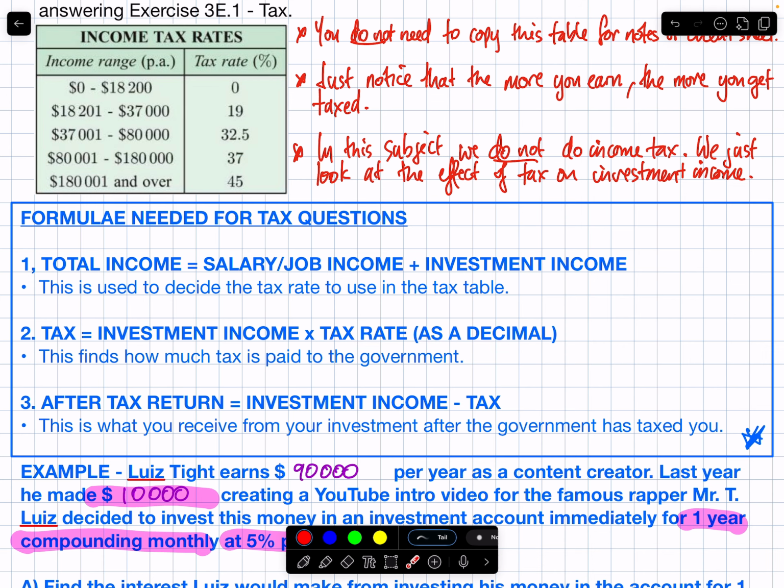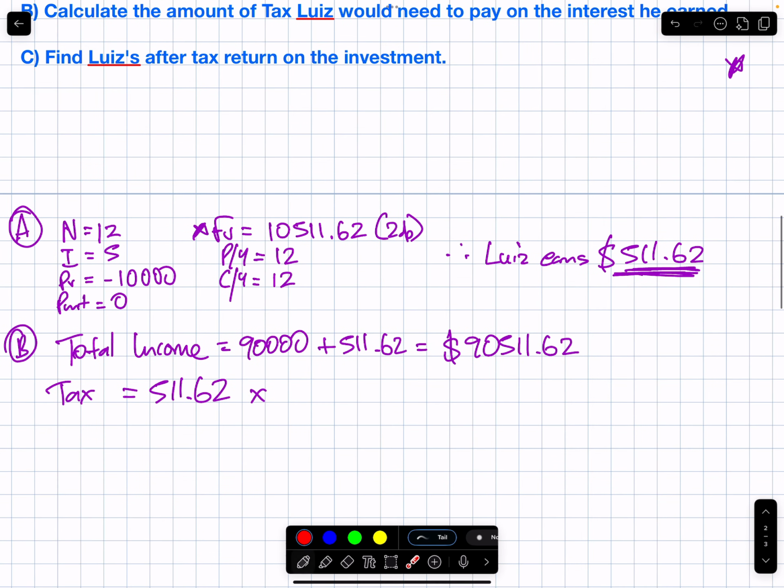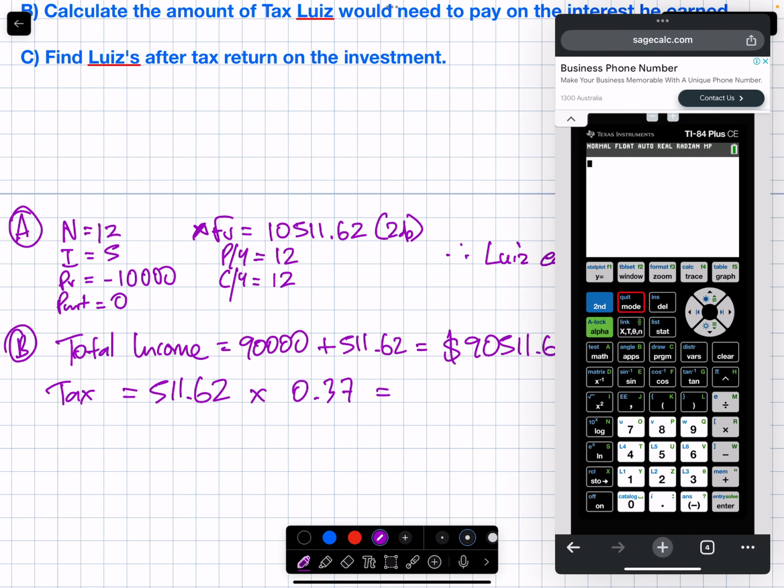So 37% as a decimal is 0.37. $511.62 times by 0.37. Government's going to tax him $189.30 to 2 decimal points.